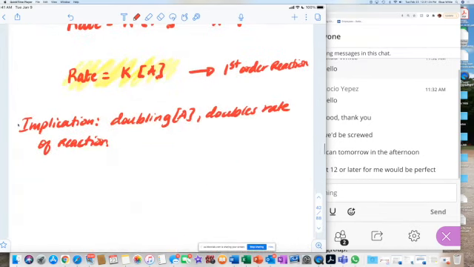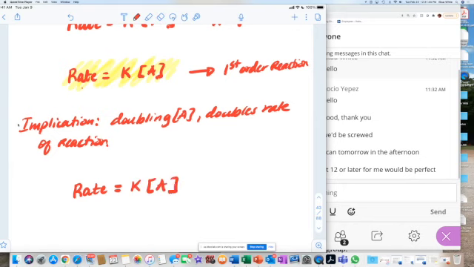I didn't work this out mathematically for the first one, but I'm going to do this for the second one. As far as our math is concerned, I'm going to look at just the relationship between rate and A, right? For those of you who want everything step by step, I'm going to add one more step here.